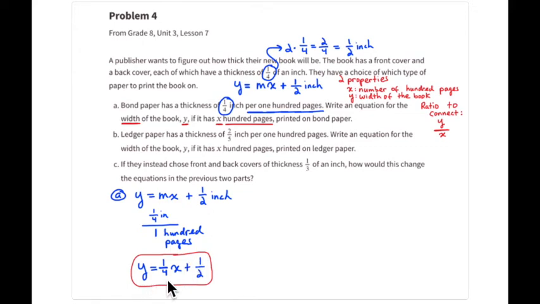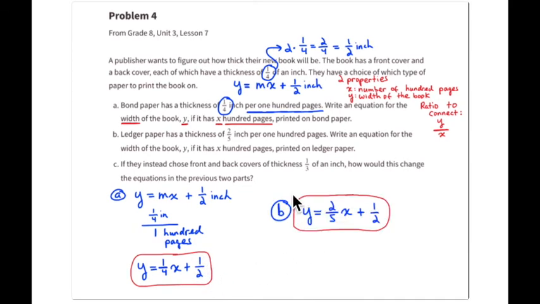So y is equal to 1/4 of an inch per 100 pages. So if I have 100 pages, that's going to be 1/4 of an inch. If I have 200 pages, that's going to be 2 times 1/4, 3 times 1/4, 4 times 1/4. But every single time, you have to go back and add the thickness of the covers. Added together, front and back cover equal 1/2 of an inch. So you have to go back and add that.